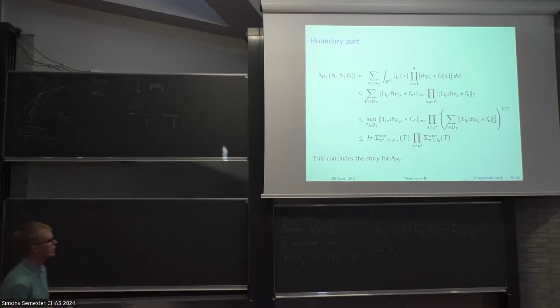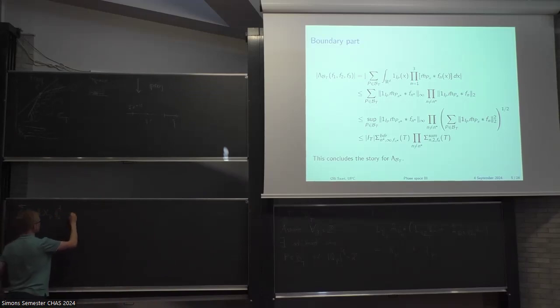Okay, so let's start looking at the X_T because this is the interesting one. We have the sum over the tiles in the family, and then we have the sum over the X_T's and their L2 norms.